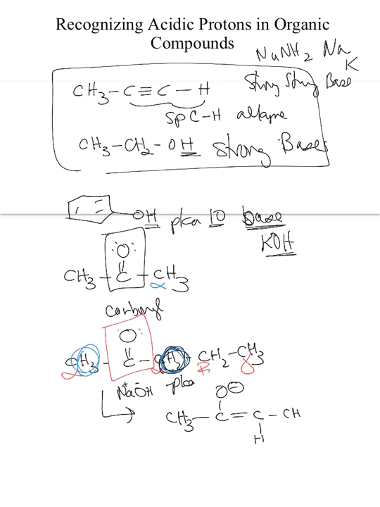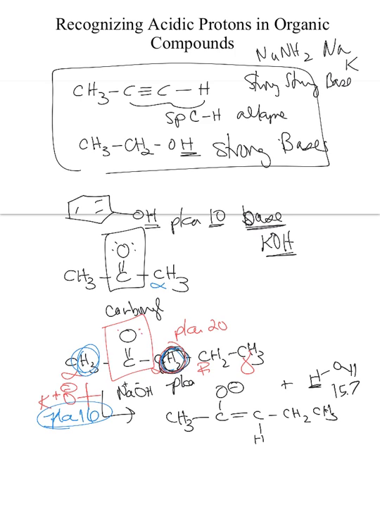You will get something like this, and you'll get water, and then you can compare that 15.7 to the pKa here of 20. A lot of times you use potassium alkoxide, like tert butoxide, and that pKa is about 16 or 18.